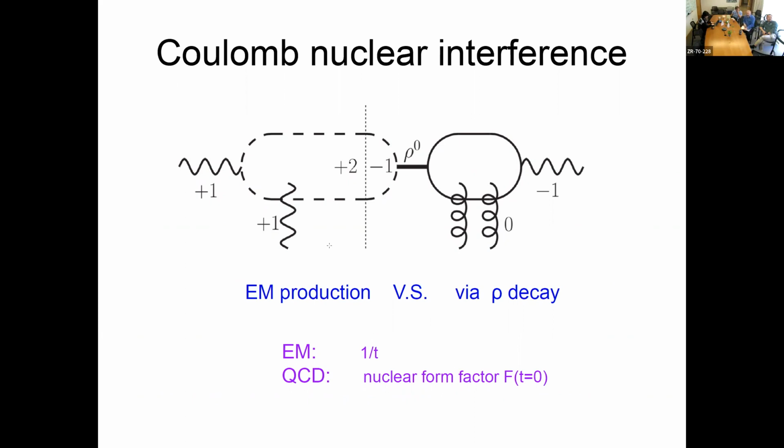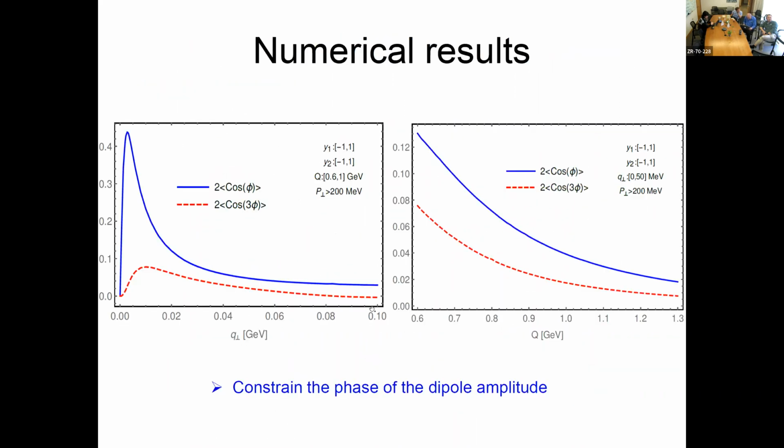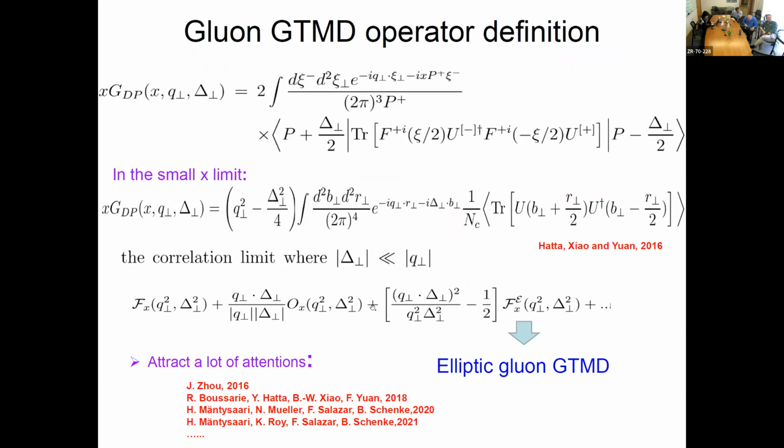Can you explain a little bit more what you call elliptical glue? You didn't explain well when you were adding another contribution. You call it elliptic glue. What is it? Is it some kind of initial gluon distribution with some kind of polarization? That's Feng who came up with this name.